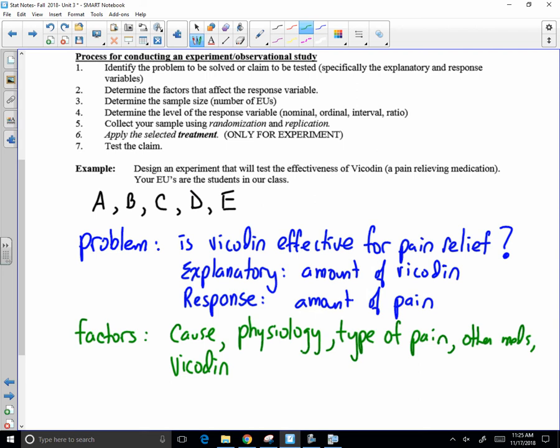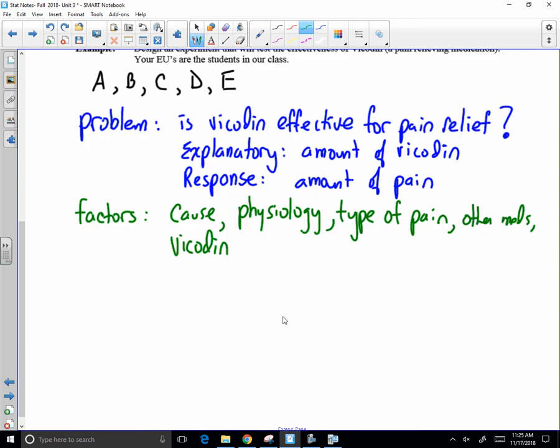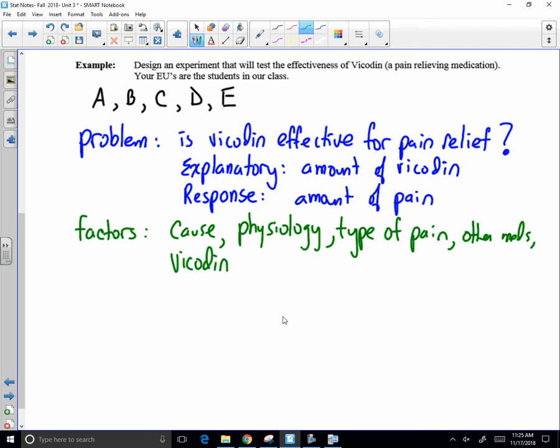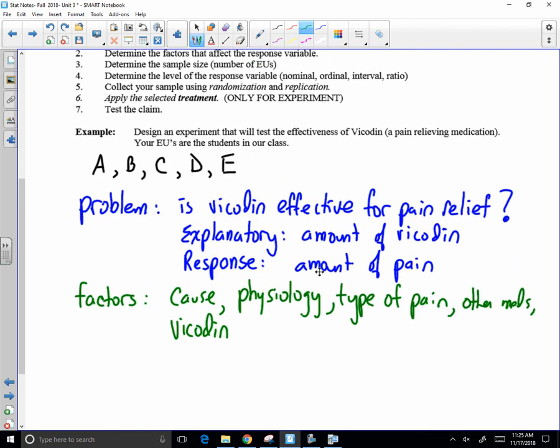I don't know what the dosages are, but I could vary the dosage, maybe give a low dosage versus something a little bit higher, all right? But there's a lot of things that we'd have to take into account here, and we have to be careful. Because if we don't hold all this other stuff, or at least attempt to hold all this other stuff constant, then they can interfere with our outcome, all right?